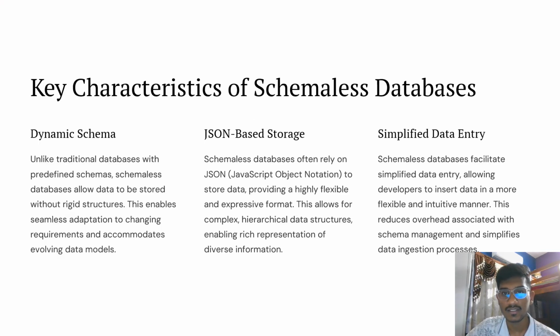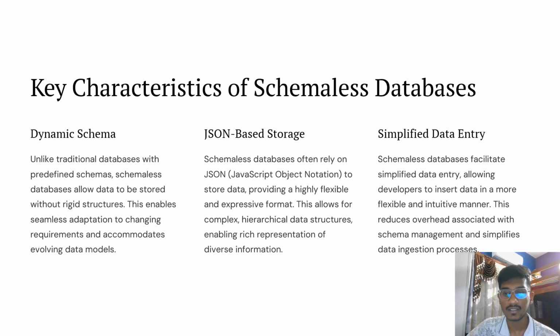So the key characteristics of schemaless database. The first one is dynamic schema, that is, it's capable of storing data without any rigid structures in the form of tables or rows, that is, in the form of rows and columns. And this schemaless approach helps in adaptation to changing requirements, and it also accommodates all these changes and evolving data models.